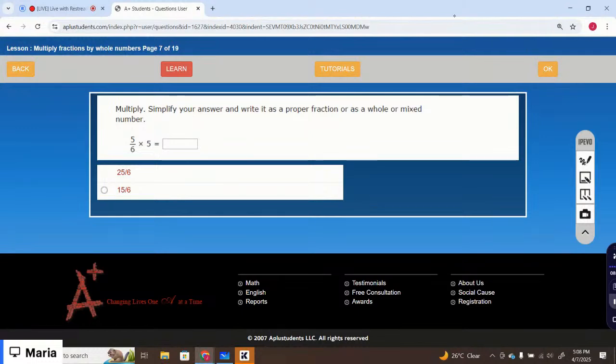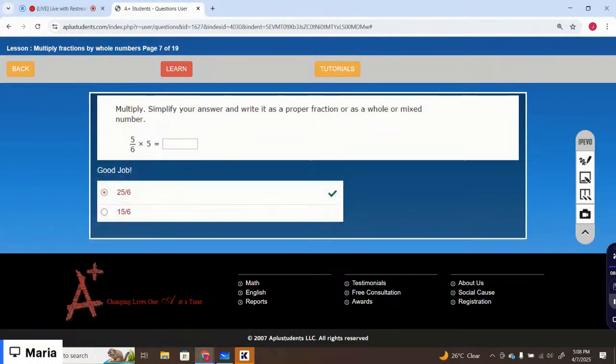Option number 1 is the correct option. 5 times 5 is 25. That is 25 over 6.